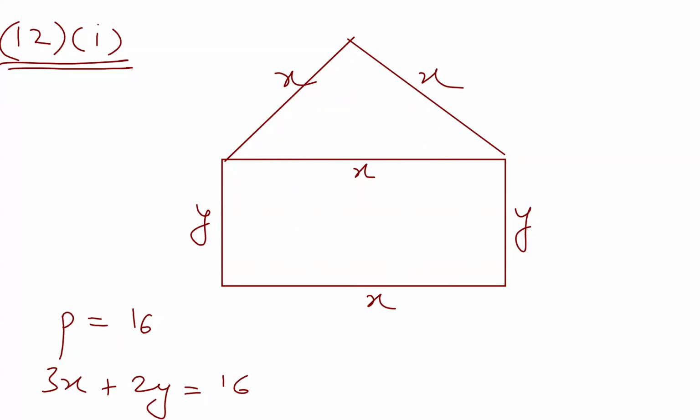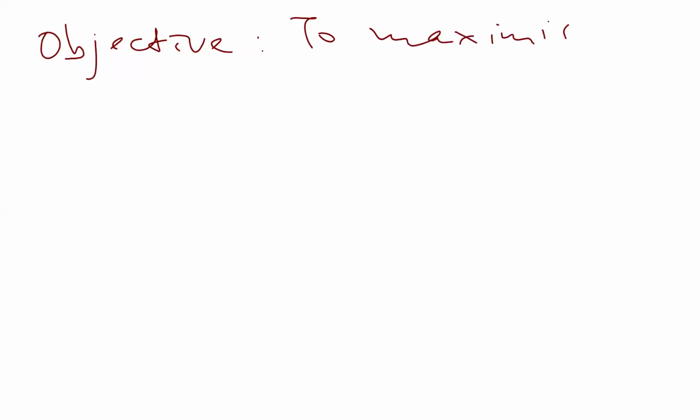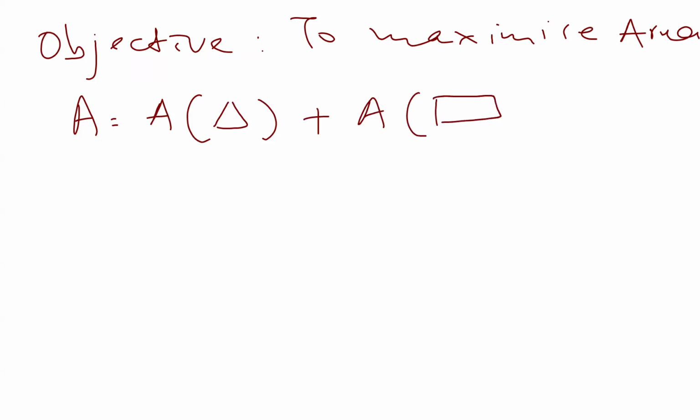So I'll write down the objective: to maximize area. Now area is equal to area of triangle plus area of rectangle. Area of triangle is root 3 by 4 side square. That's the formula for the area of an equilateral triangle.